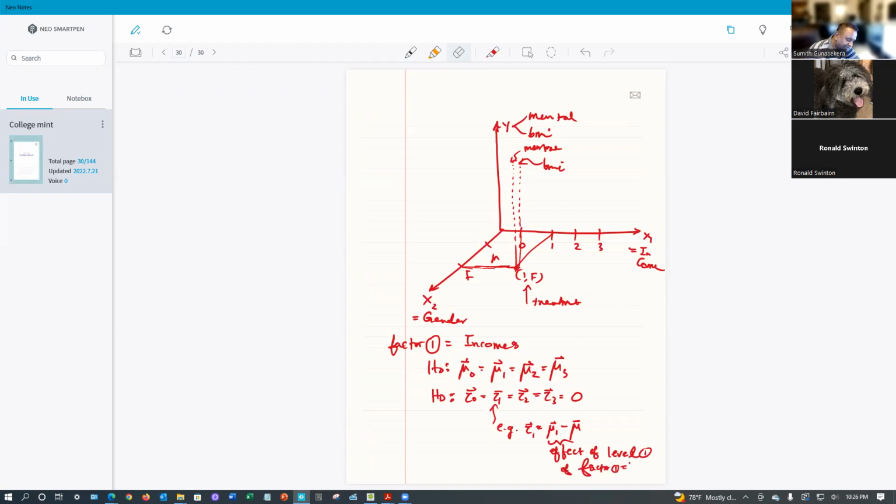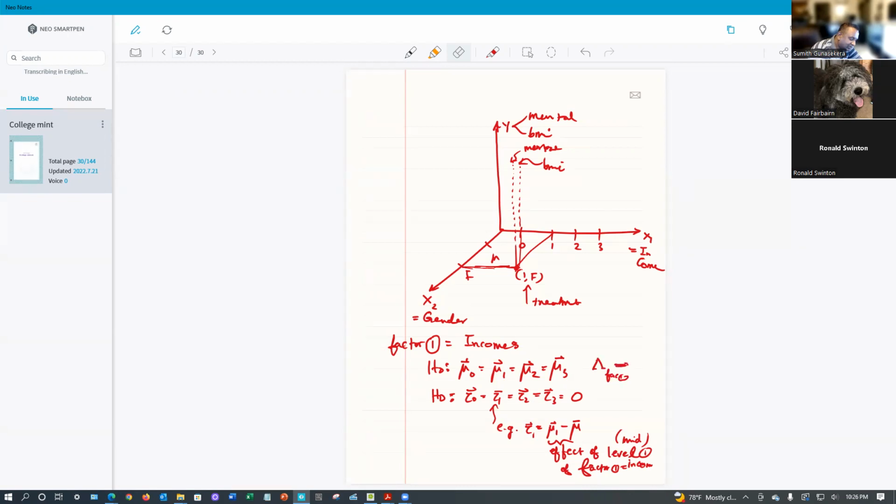Factor 1 is income. Level 1 is mid income. You can write it like that. Either way is fine. Then you're going to use the Wilks lambda for factor 1.